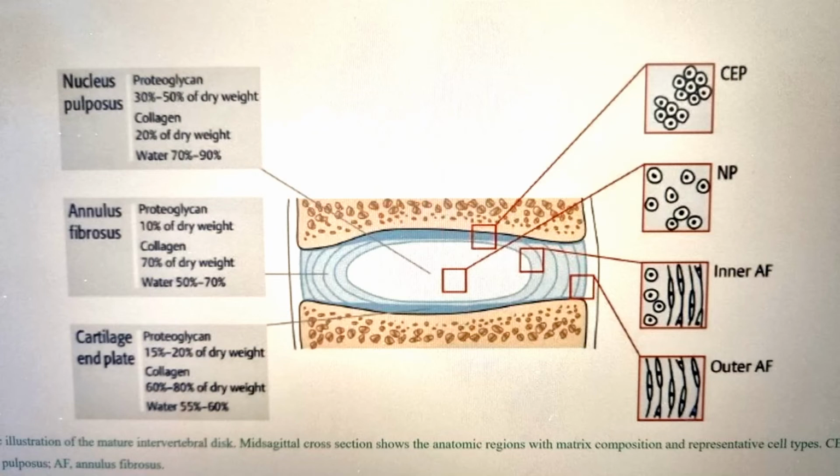The nucleus pulposus is the central part and it contains 66 to 86% water, which dries after 10 to 15 years. The other constituents are type 2 collagen. This type 2 collagen is different from type 1 collagen. Type 2 collagen is flexible. Type 1 collagen is more like bone.